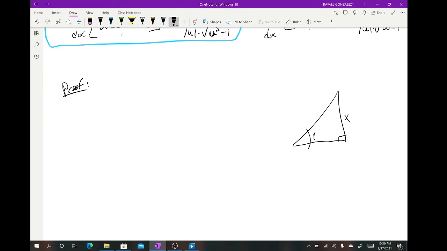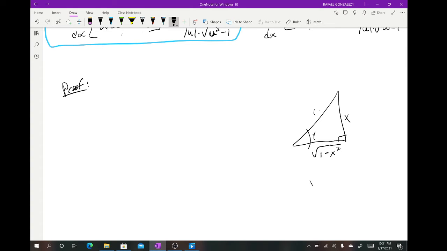You open up this right triangle with height x, and the length of the hypotenuse is 1, because that's the radius in the unit circle. And then this side down here, by the Pythagorean theorem, is the square root of 1 minus x squared.